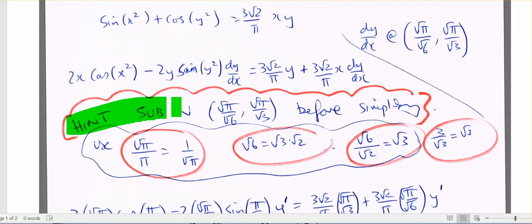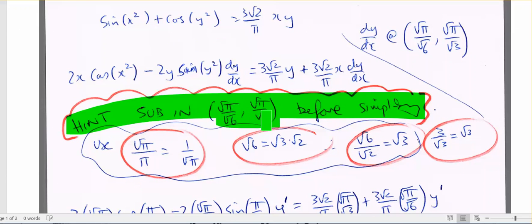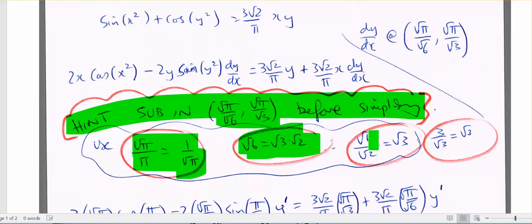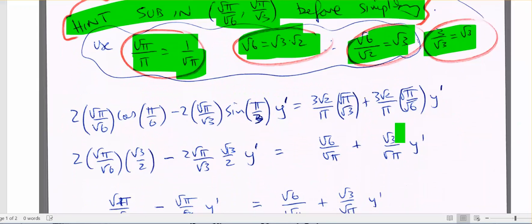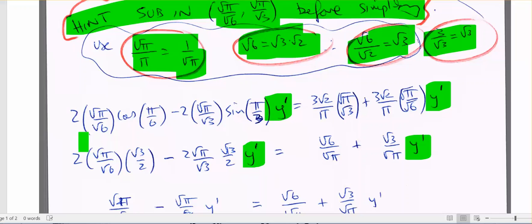so the hint is substitute as quick as you can and use these forms of rearrangings. So I've left my y dash there. I've got this. Directly below, I've got the workings out.